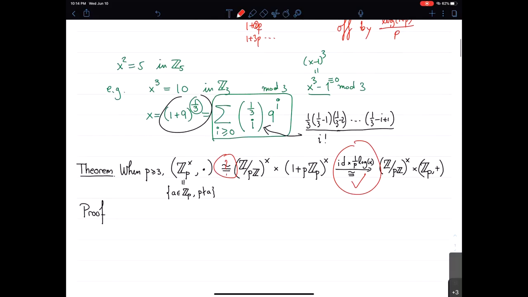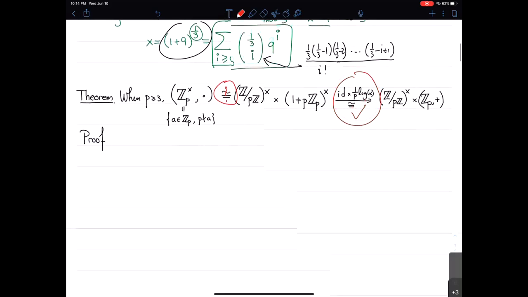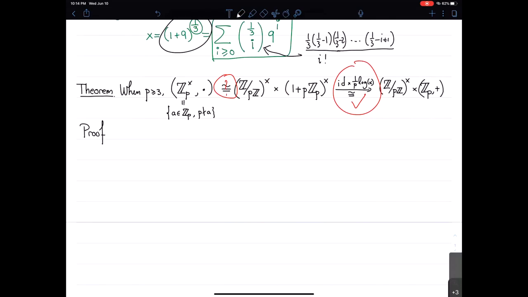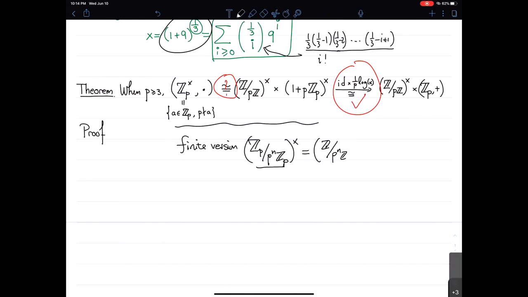Maybe before explaining, to convince you this works, there's also a finite version of this. If you take Z_p mod p^n, Z_p cross, in fact you can show that this is the same as Z mod p^n Z cross. And this is a cyclic group of order (p minus 1) times p^(n minus 1).